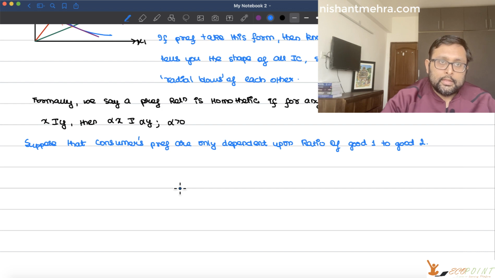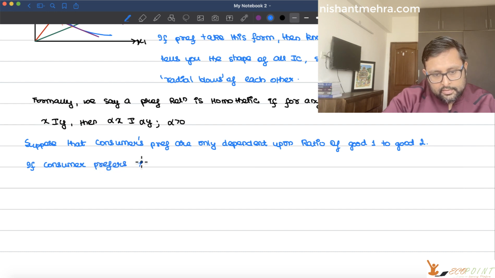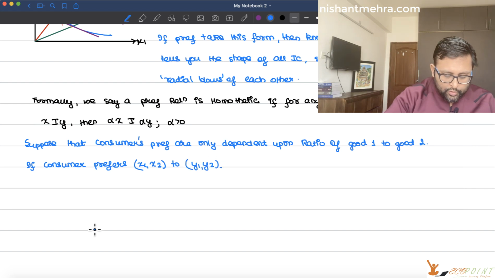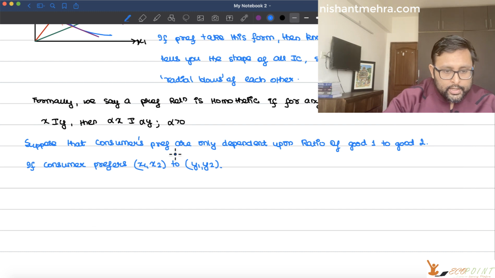So if the consumer prefers x1 x2 to y1 y2, then what Varian says, then she automatically prefers 2x1 2x2 to 2y1 2y2, right?